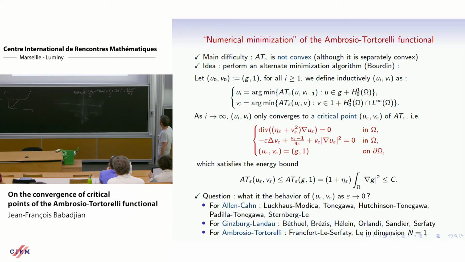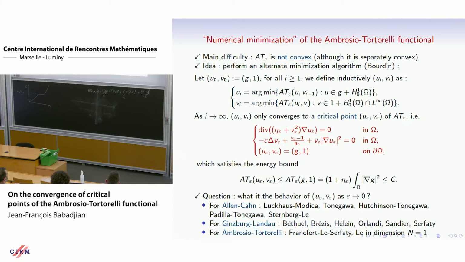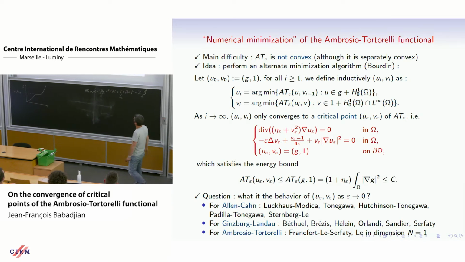So an idea to overcome this type of difficulty is to use a so-called alternate minimization algorithm, for instance used by Blake and Zisserman, to catch, okay, not a minimizer, but at least to construct a sequence of competitors, let's say, for this functional, which makes the energy decrease.